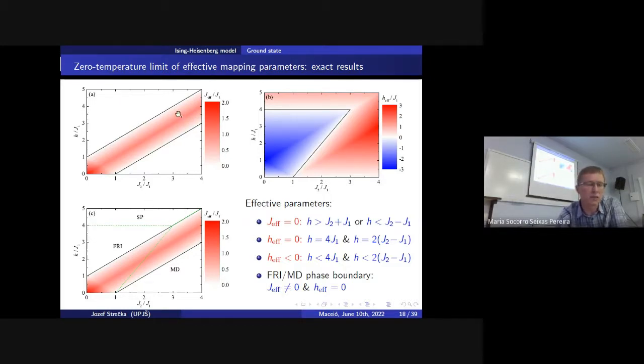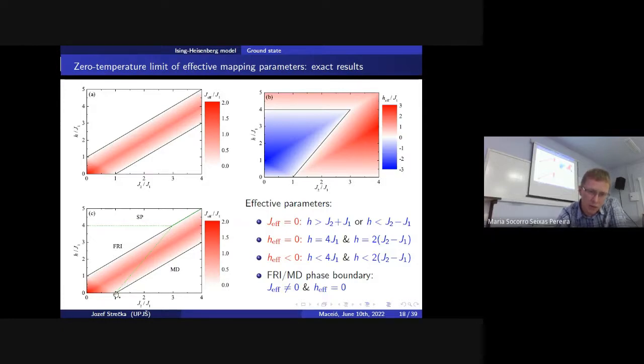That means we cannot have a phase transition, we cannot have spontaneous ordering if we don't have coupling. The phase boundary between the saturated paramagnetic state and the monomer dimer state is exactly where the effective coupling becomes zero. So also along this boundary, we don't have coupling.